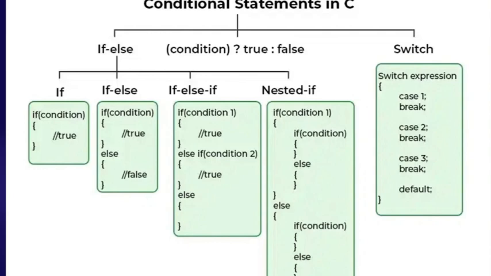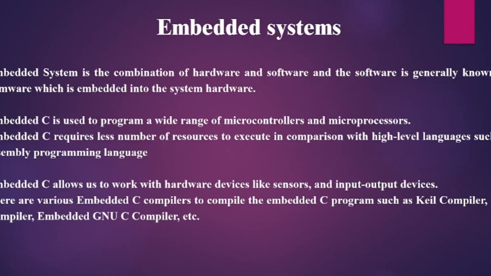In else if, if the first condition is true, it is true; else it checks the second condition, and if it is true, it is true, else it will go to the next. Nested if else is a condition within a condition, that is an if else statement within an if else. In a switch statement, we use case 1 break, case 2 break, and case 3 break, and last is default.